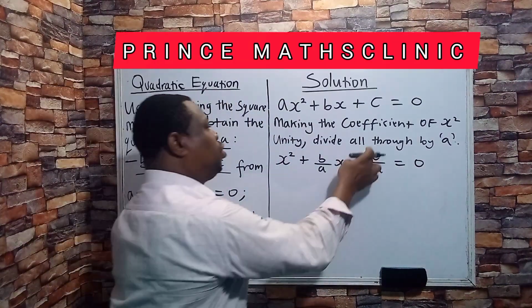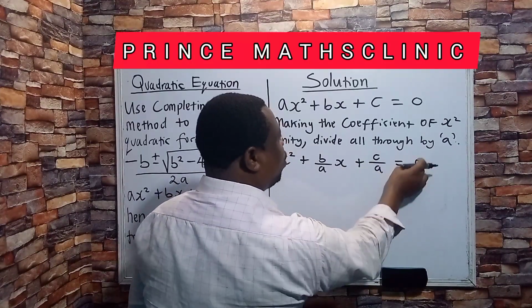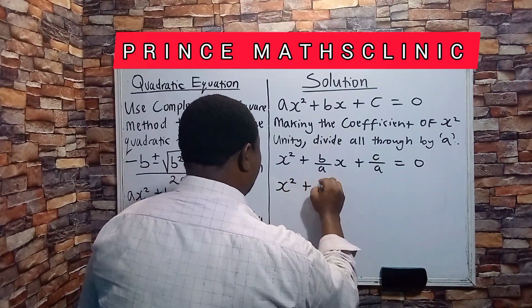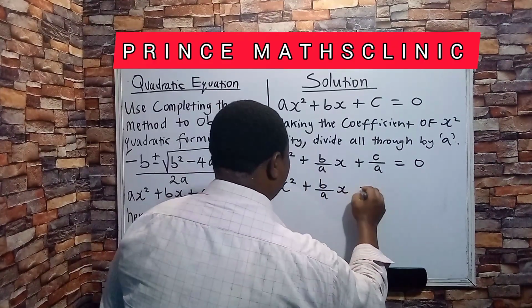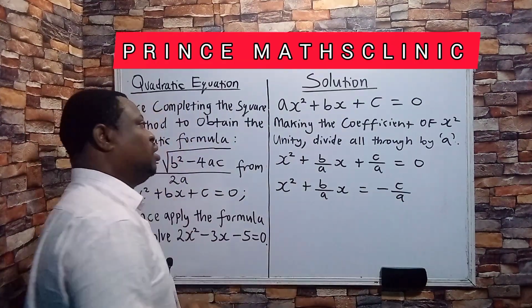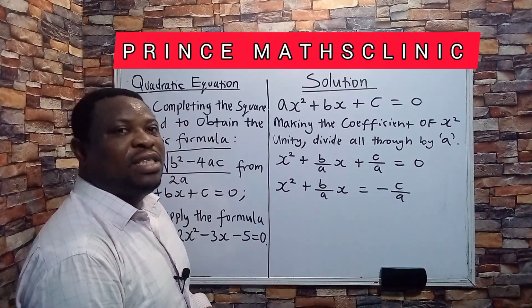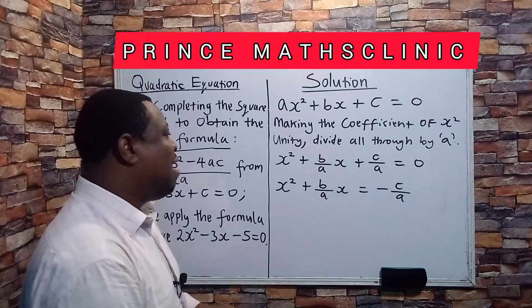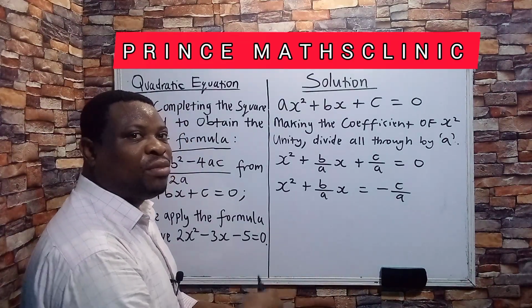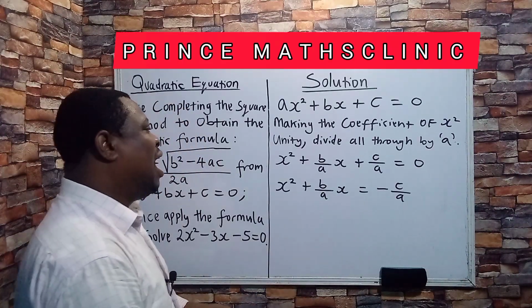Now the next step is to push positive c over a to the other side, and when it crosses the equal to sign, it changes to negative. So this becomes x squared plus b over a x equals negative c over a. The next step is to add the square of half of b over a on both sides.